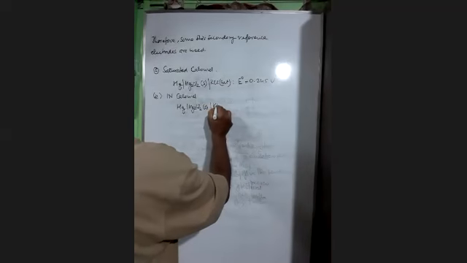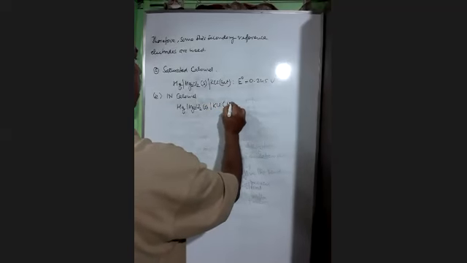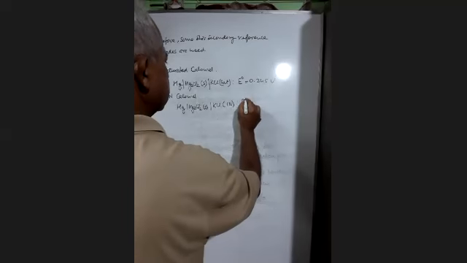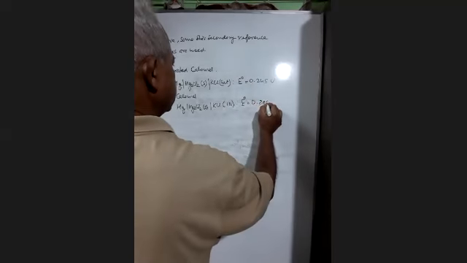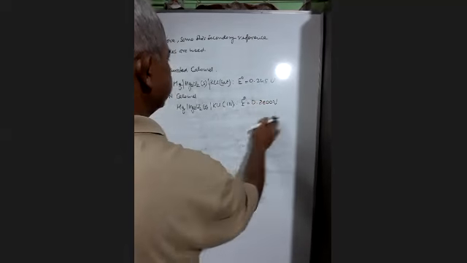See, solubility of mercurous chloride is very, very less. Potassium chloride is 1 normal. Here E0 value is 0.280 volt. This is only for your entry.